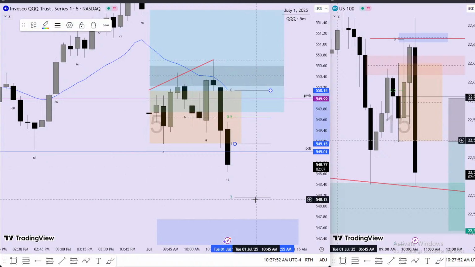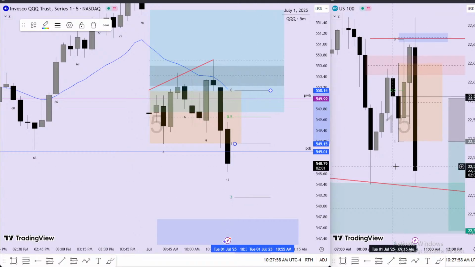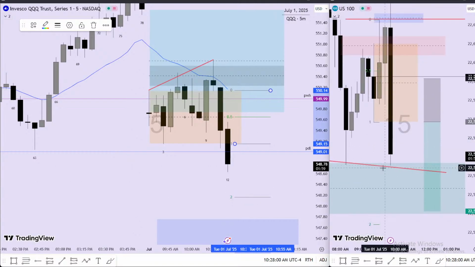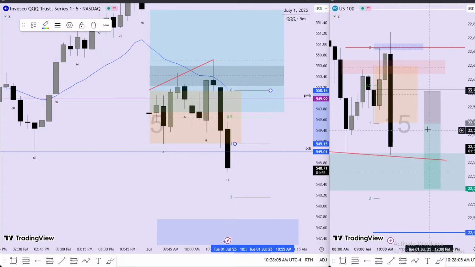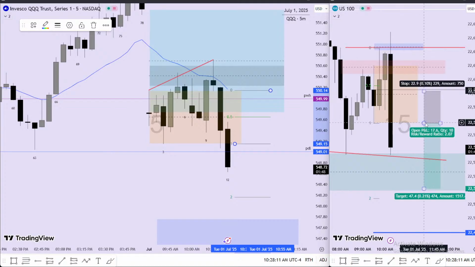If you go for the whole initial range, risk of the initial range, then likely to target this point. And if you move to the swing trade, this is a 1:2 reward trade.